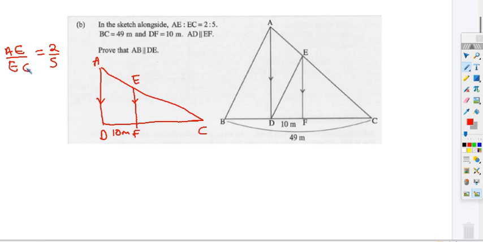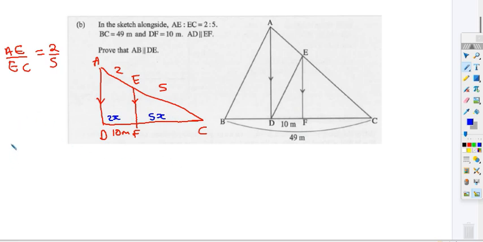And from here, we are told that AE over EC is 2 over 5. So this is AE, EC, so the ratio is 2 to 5 there. And because these are parallel lines, because of the proportionality theorem, we can actually conclude that this is 2x as to 5x, right? Let's write it down.